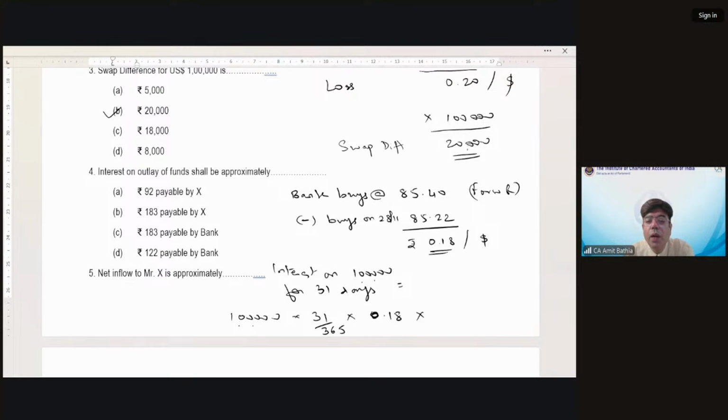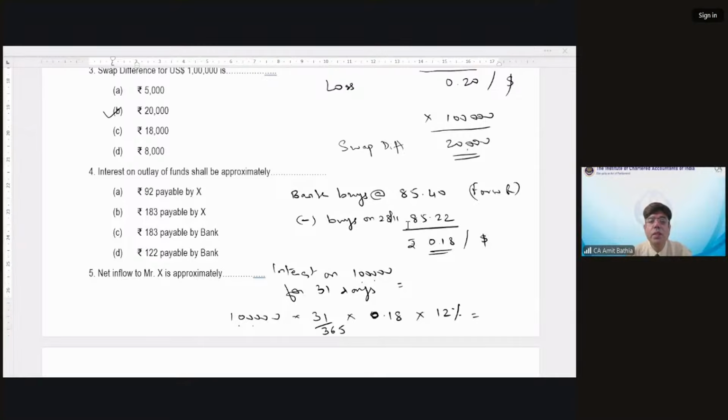What is essentially being paid out is the difference. Otherwise, the rest was already going to be paid at 12%. So how much does this come to? 100,000 into 31 upon 365 into 0.18 into 12%.